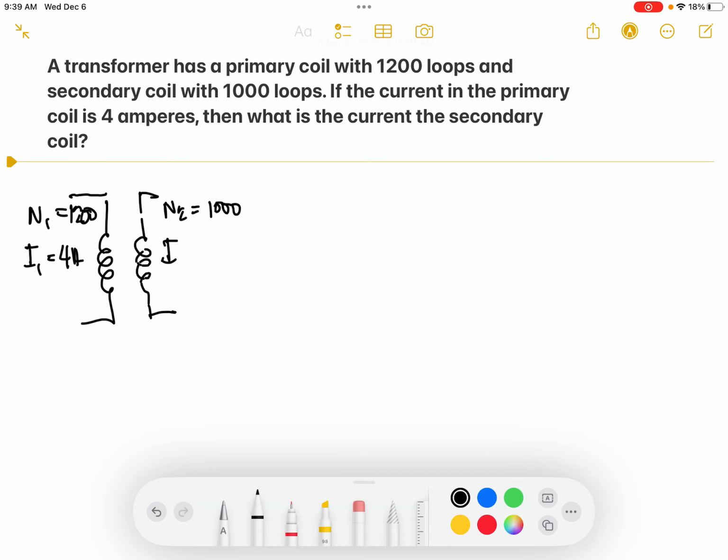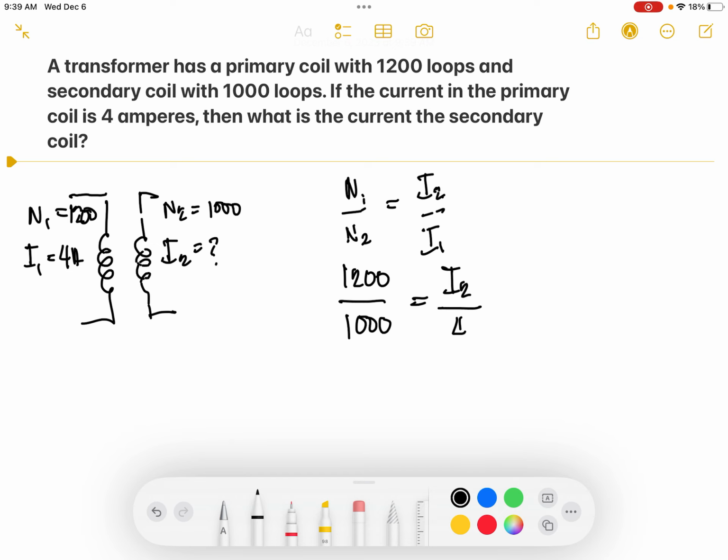Secondary current. So the formula is N1 over N2 is equal to I2 over I1. So we have 1,200 divided by 1,000 is equal to I2 over 4. Now let's solve for I2. That is 4.8 amperes.